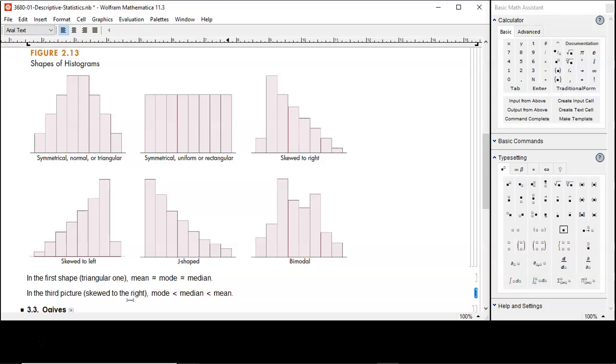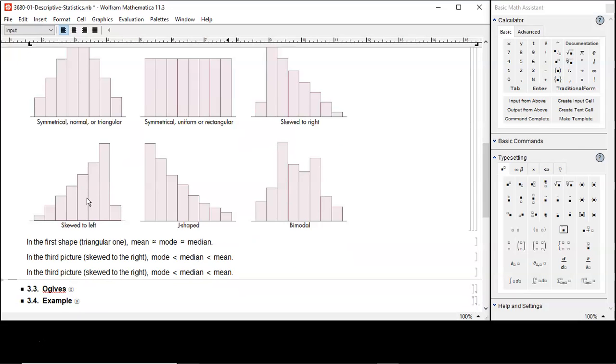Likewise, in the fourth picture down here, which is skewed to the left, this is the other way around, isn't it? Mode is here, median must be here, and then skewed to the left like this, so mean must be the other way around.